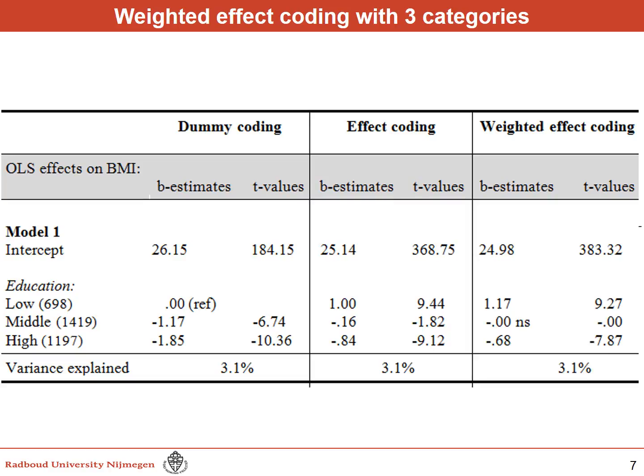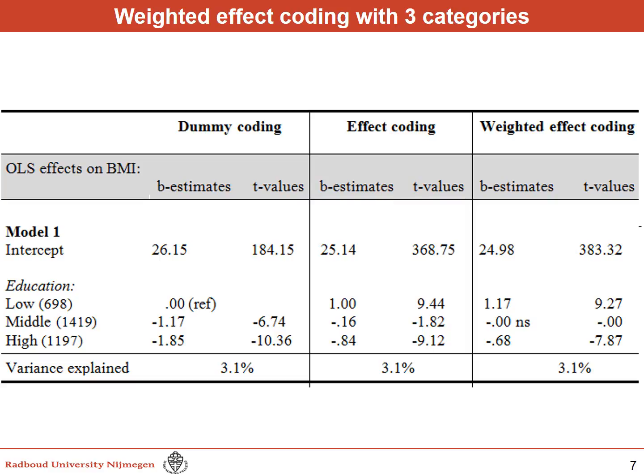Okay, now assuming that all categories of education are equal, well, that is way off the mark, because in our sample they are definitely not equal to each other. So effect coding is probably not the right way to approach this problem.